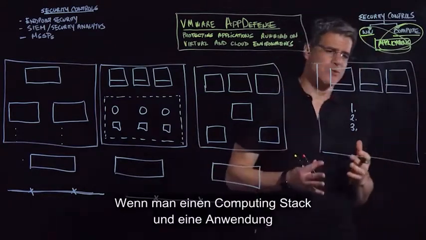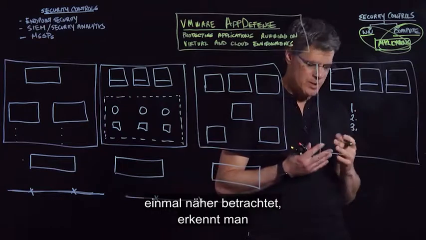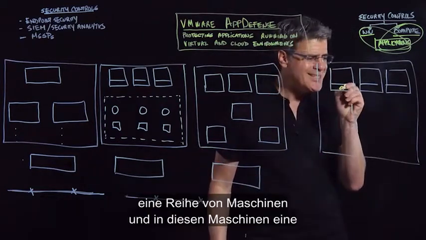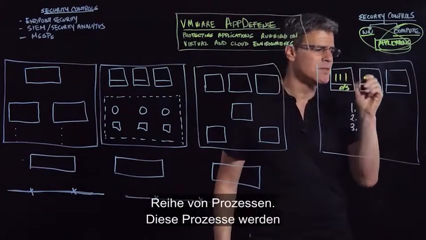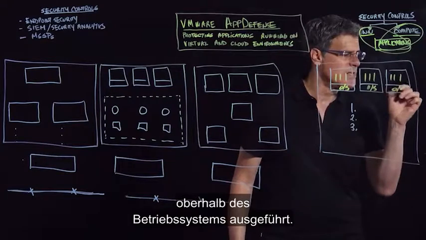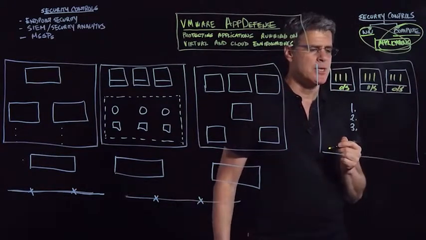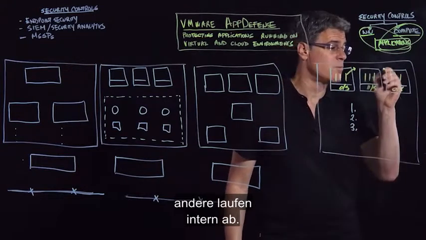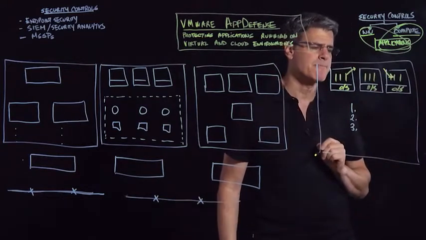When you look at the compute stack and you look at an application, really what you end up seeing is a series of machines, but inside those machines, what you see is a series of processes that are running. Those processes are running on top of operating systems. Some of these processes are communicating out, or some of these processes are listening in.